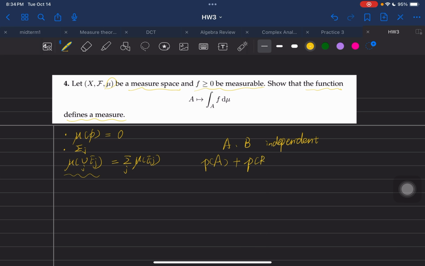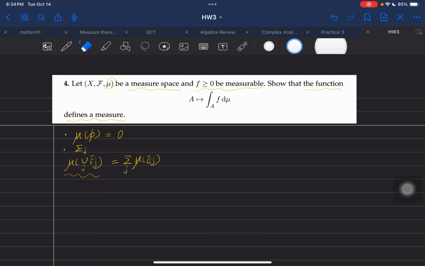P(A) plus P(B) would be the probability of those events happening, both of the events happening. So that's the two axioms we're gonna show.